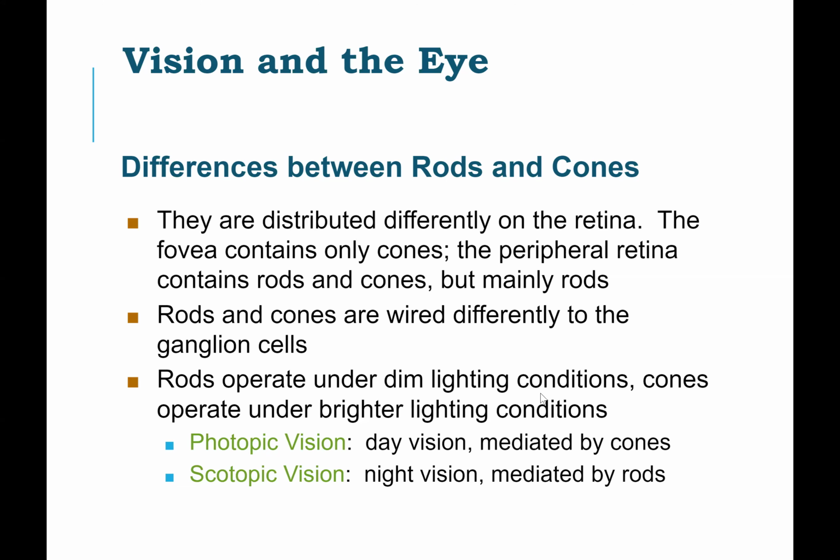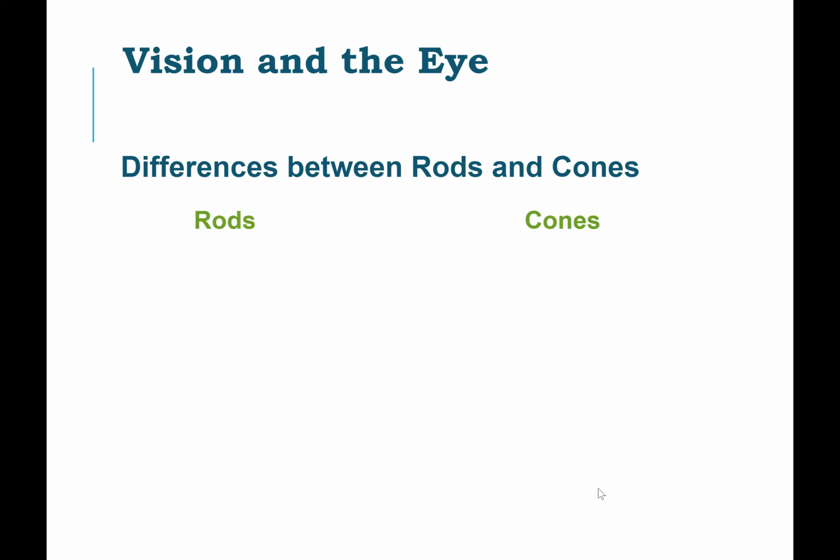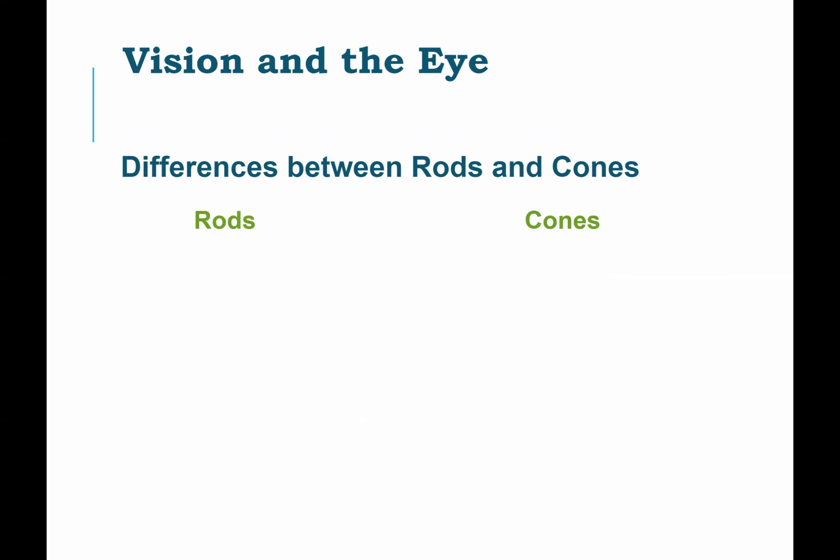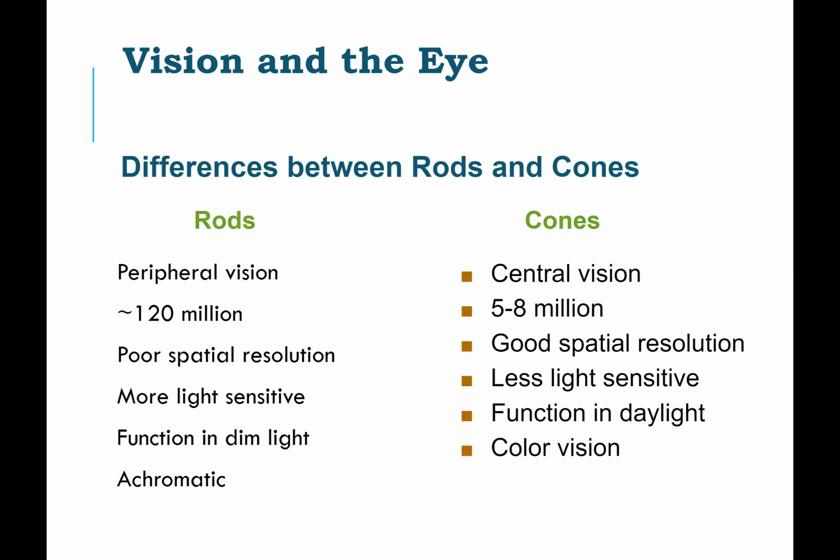Rods operate under dim lighting condition, cones operate under brighter lighting condition. So photopic vision, which is day vision, is mediated by cones. Scotopic vision, night vision, is mediated by rods. So I'll go through these things.